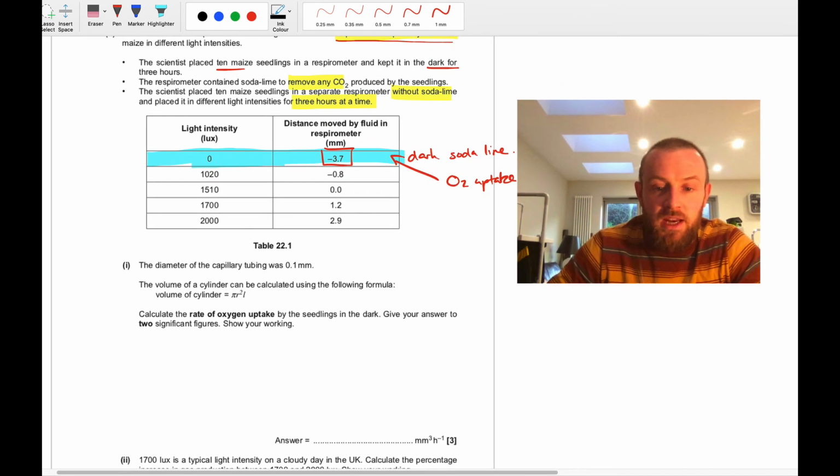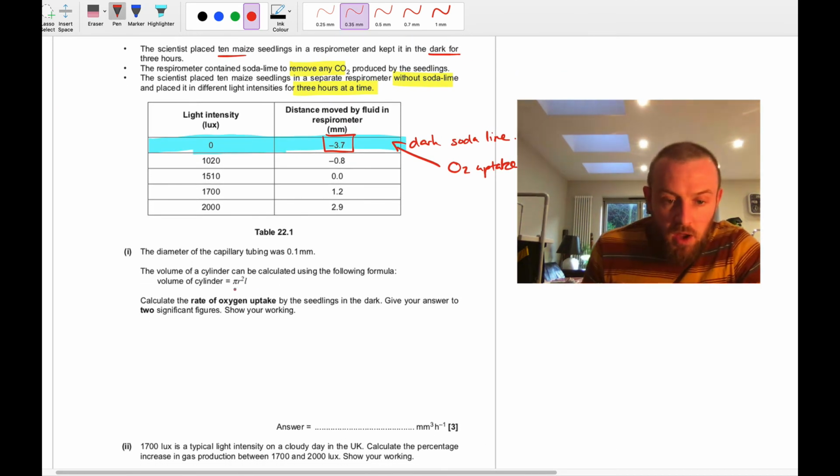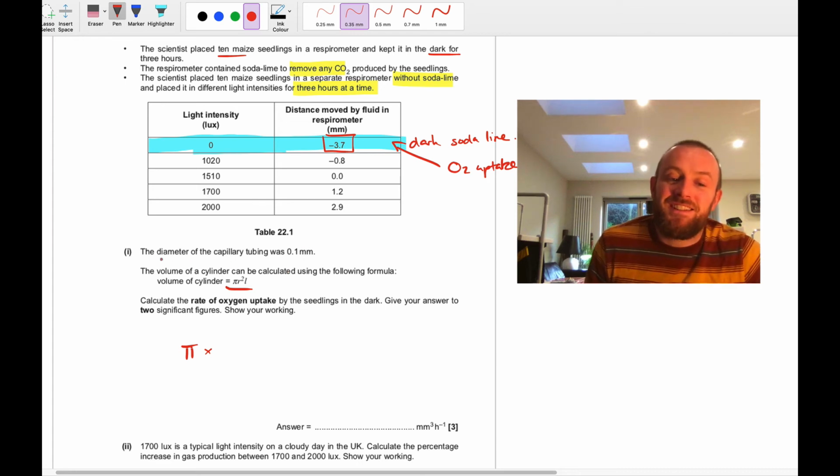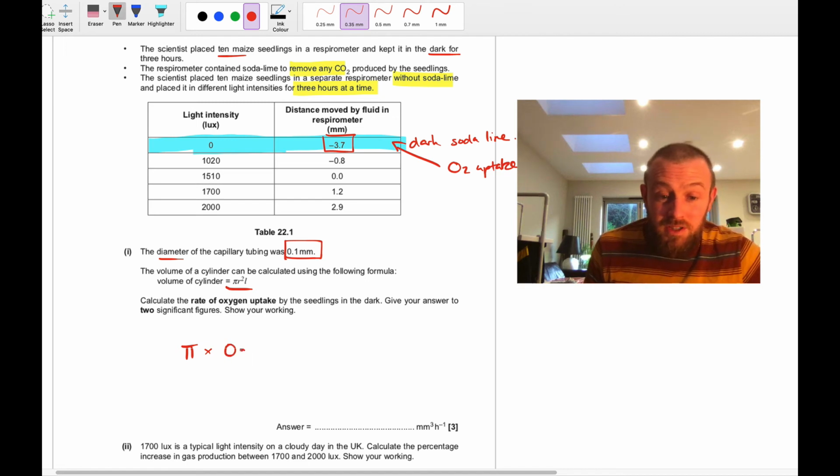Calculate the rate of oxygen uptake in the dark. Okay, so we can use pi r squared L. So pi times, look at this, the diameter of the tubing was 0.1, so r is 0.05, because it's half the diameter, squared, times 3.7 millimeters.